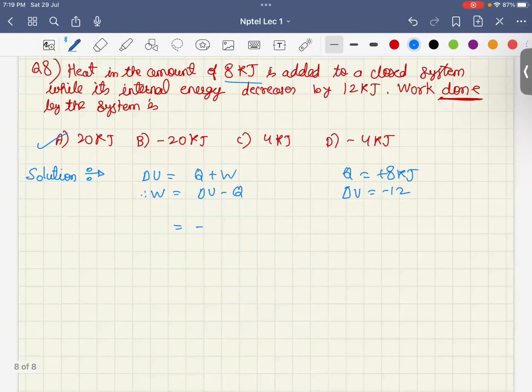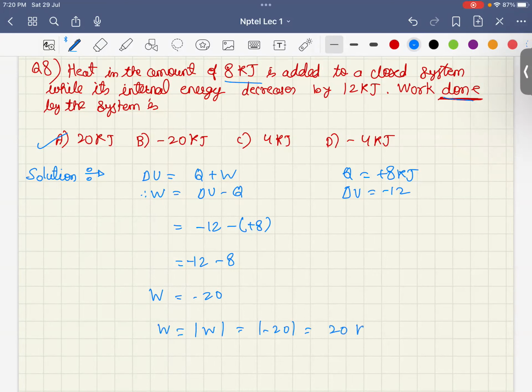So it's going to be minus 12 minus plus 8. Sorry, it's going to be minus of 12 minus 8, it's going to be minus 20. But since they are asking work done, W is going to be mod W, which is mod of minus 20, which is 20 kilojoule.